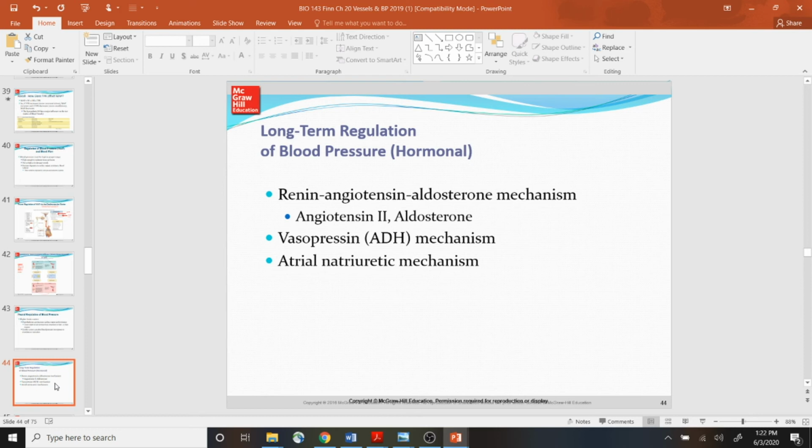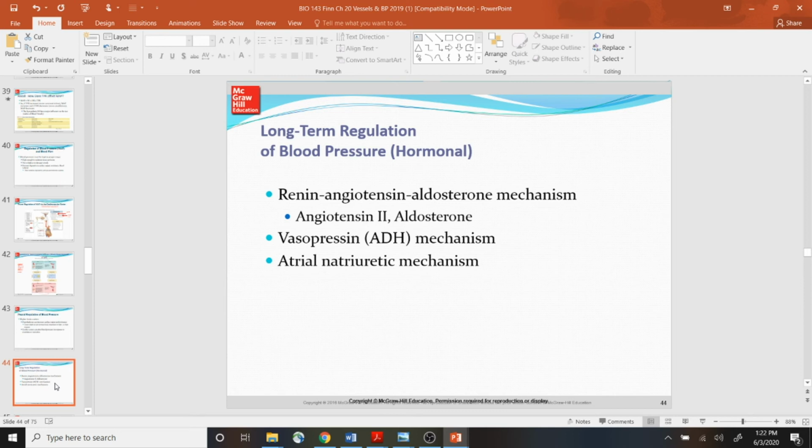Your book finishes chapter 20 with this. Several of these hormonal regulatory systems, the RAS system, the ADH vasopressin system, and the ANP or ANH atrial natriuretic system, are presented, so please pay attention very closely.